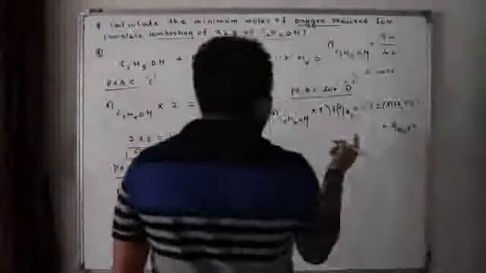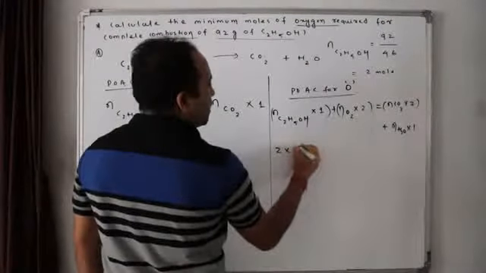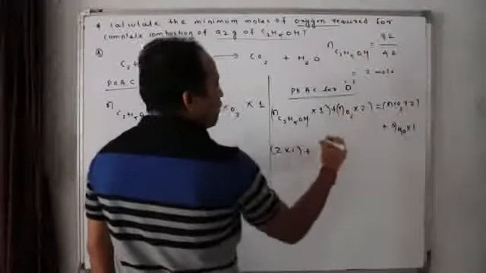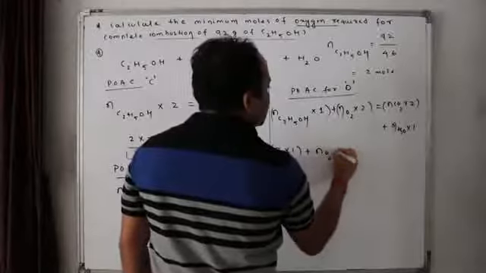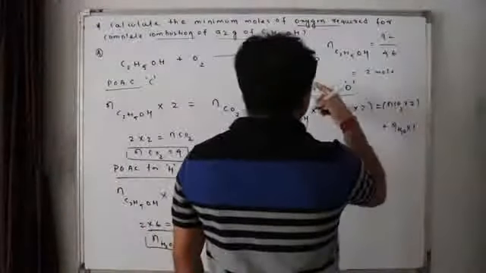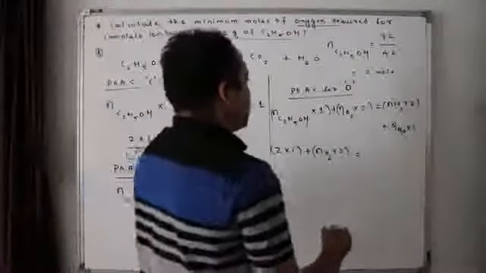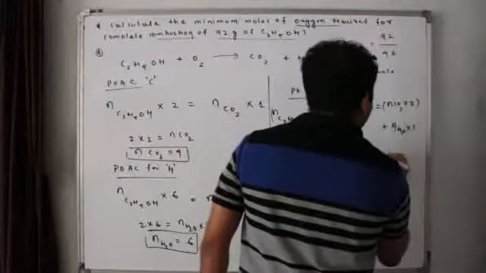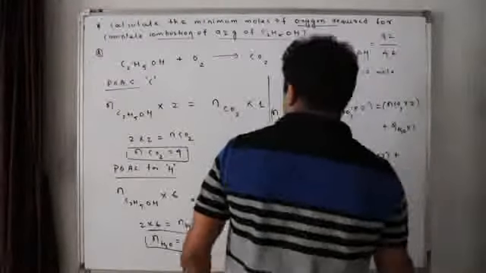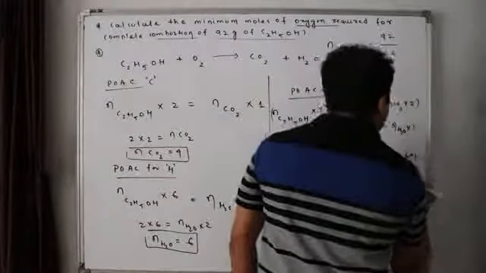Now put all these values here. 2 into 1 plus number of moles of O2, which is the question asked, into 2 is equal to number of moles of CO2, which we found out here, 4, into 2, plus number of moles of H2O, 6 into 1.